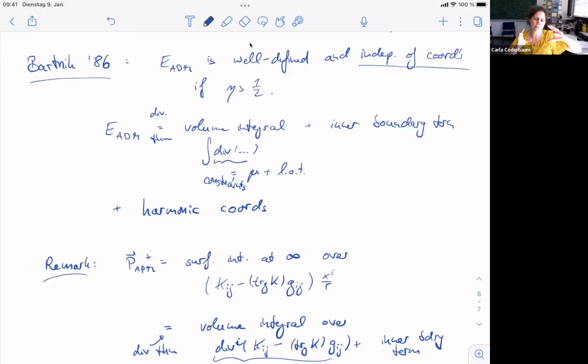Okay, so if, for example, I rotate my coordinates and then I do some lower order modification as well, then the net effect will be that of a rotation or of a translation if I do that. Okay, so the Bartnik result about the ADM energy really tells you it's a physical thing.